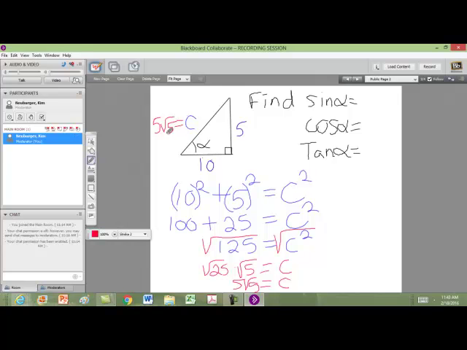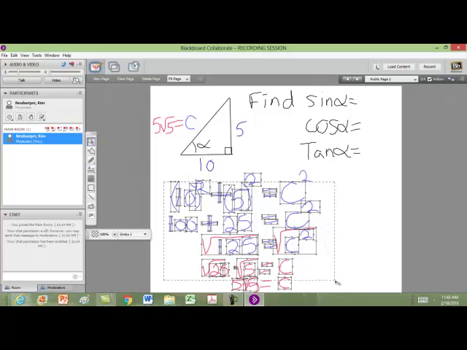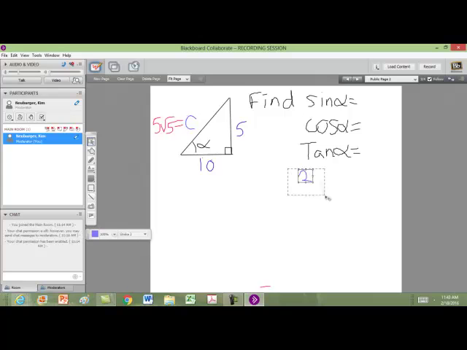Now we have all three sides, so we can go ahead and take a look at our sine, cosine, and tangent. Let's first look at our sine. Now, if you have a hard time remembering which ratio is what, there is a little saying that we mentioned in the other video, which is SOH CAH TOA.